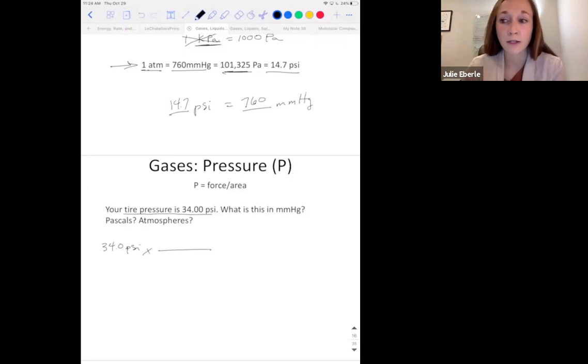And which units do we want to cancel? PSI. Thank you, Aaliyah. So we'll put the 14.7 psi on the bottom and the 760 millimeters of mercury on the top. And now you just do the math. The PSI cancel out.